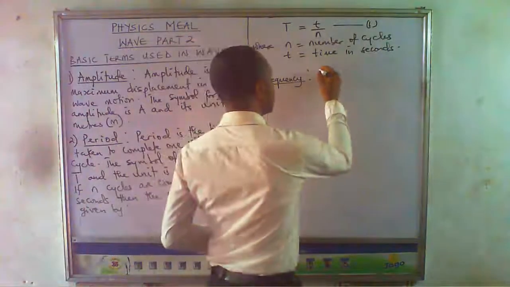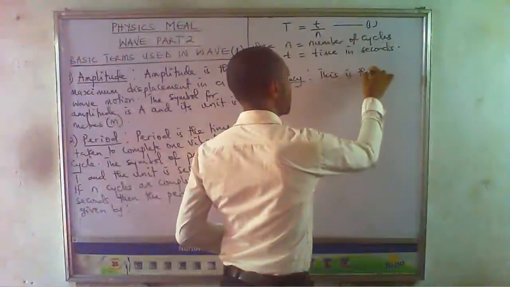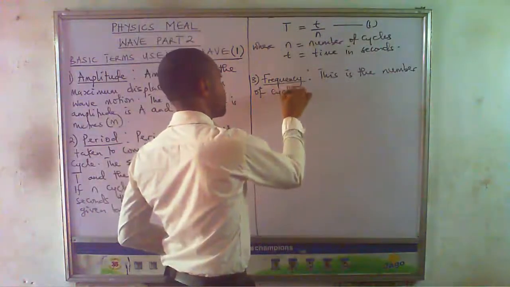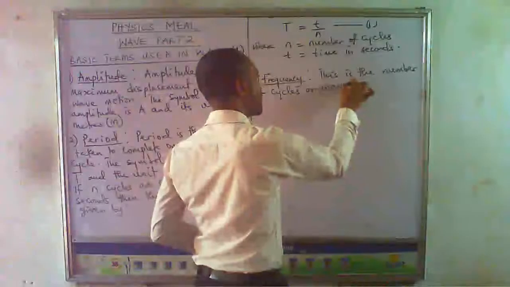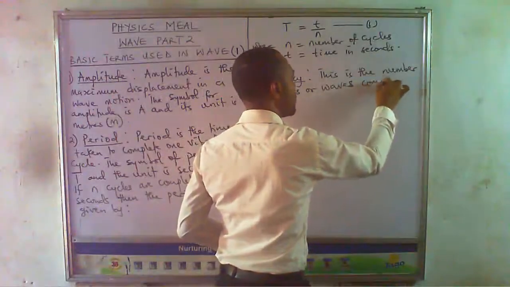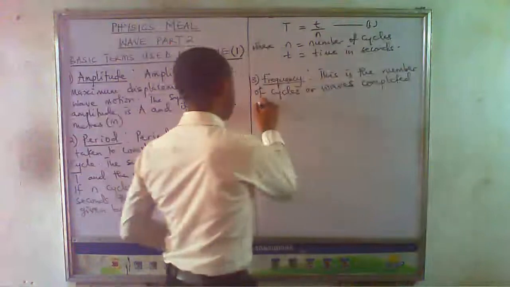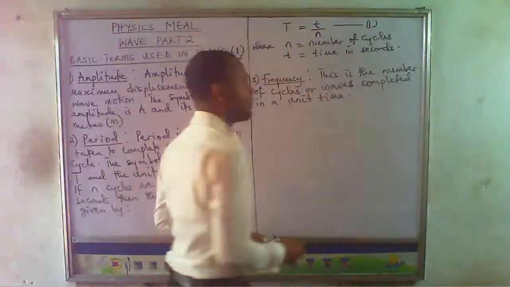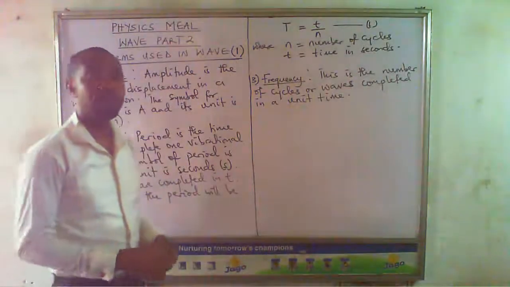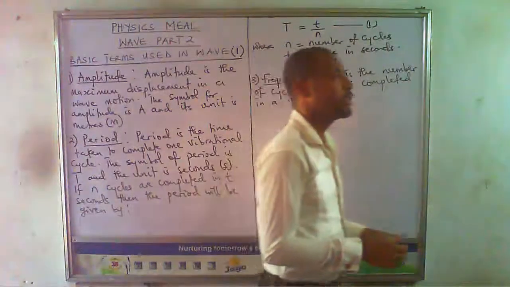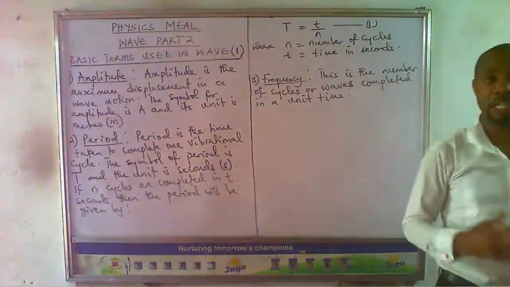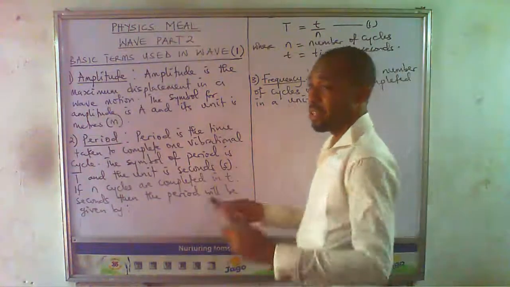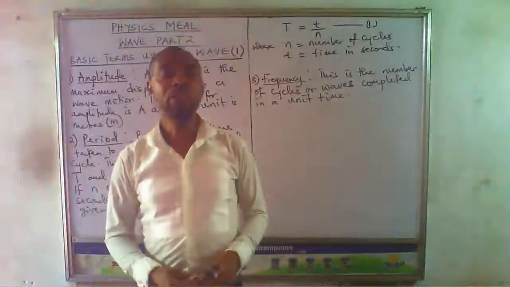This is the number of cycles or waves completed in a unit time. The number of cycles or number of waves completed in 1 second will give us the frequency. That's in a unit time. That's what we mean by frequency.